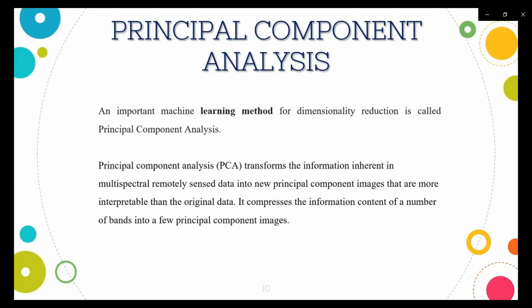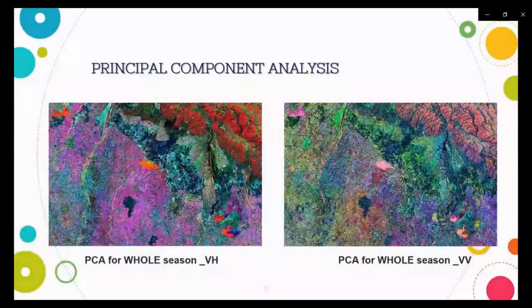So most of the information we have already acquired using the principal component band number 1. So this is the principal component analysis image which is generated for whole season VH polarization, and this is for VV polarization.